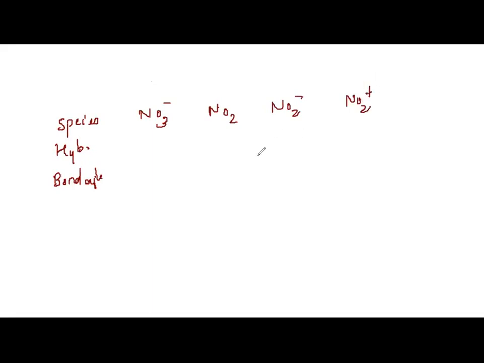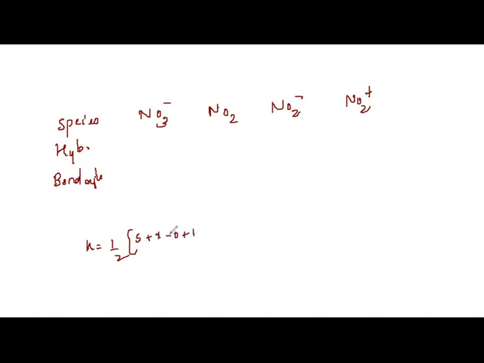If you look at the hybridization, H is equal to half of the valence electrons. Nitrogen has 5, and it is bonded to oxygen atoms. So 5 plus, there is one single bond, minus 0 plus 1.